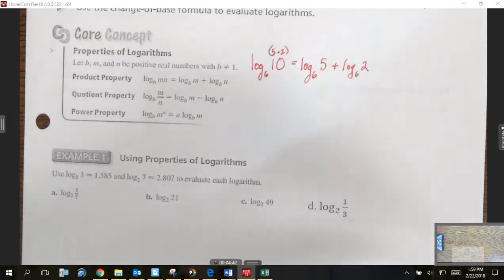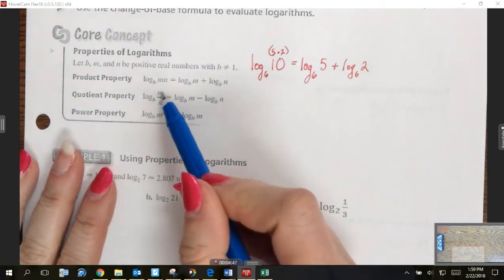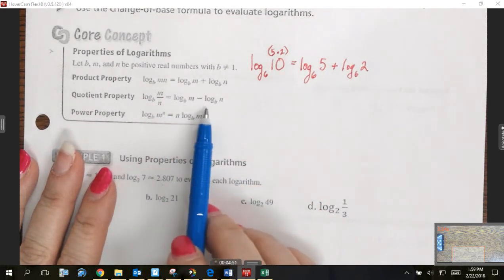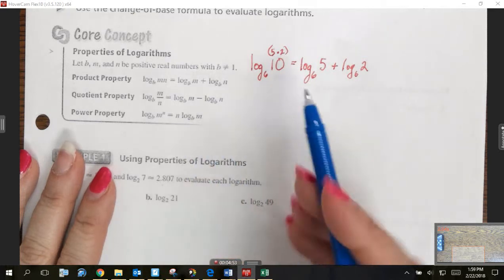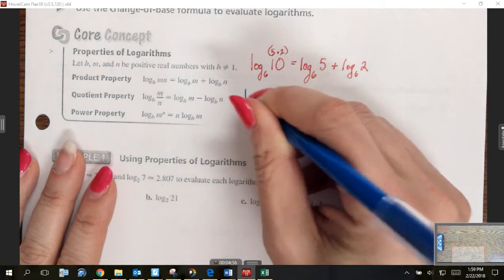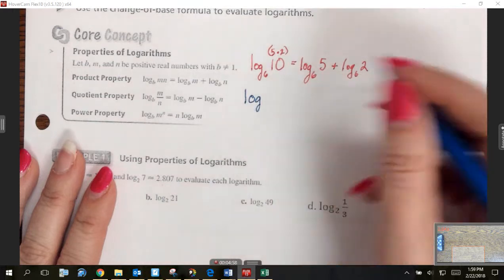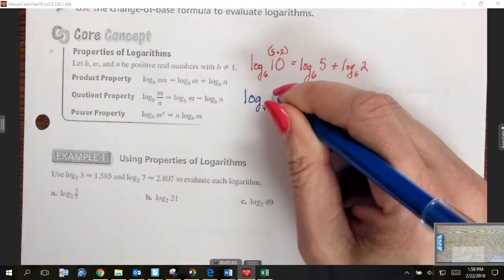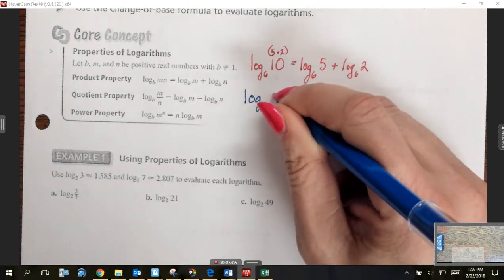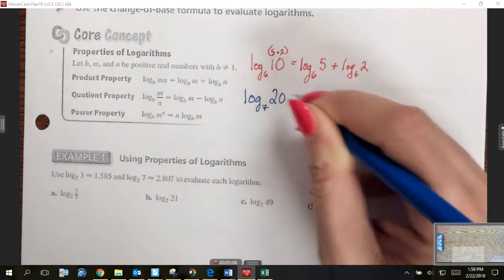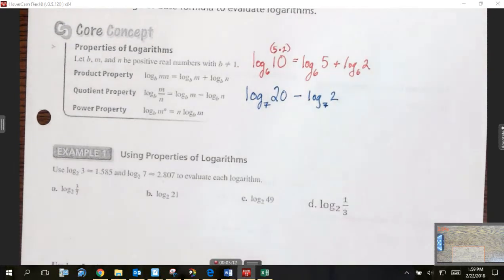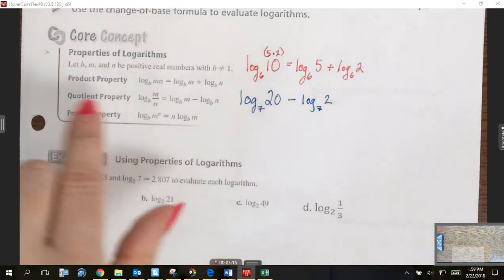The next is the quotient property. So this says if I have log base b of 2 numbers being divided, I'm going to separate this into 2 separate logarithms, but subtract them. So I will have something like log base 7 of 20 minus log base 7 of 2. I'm just going backwards on this one.